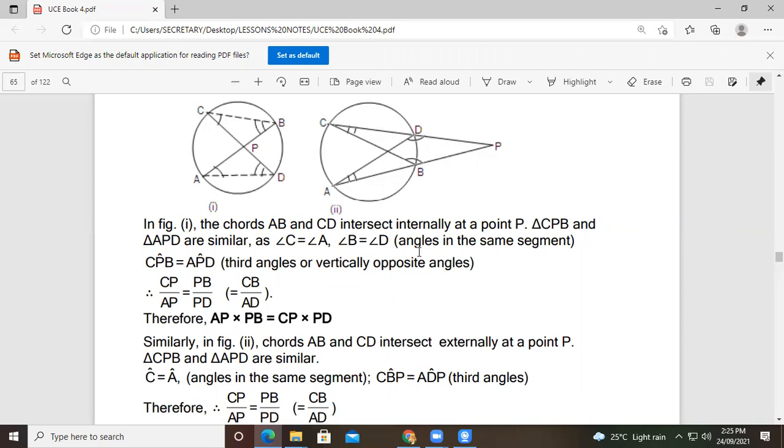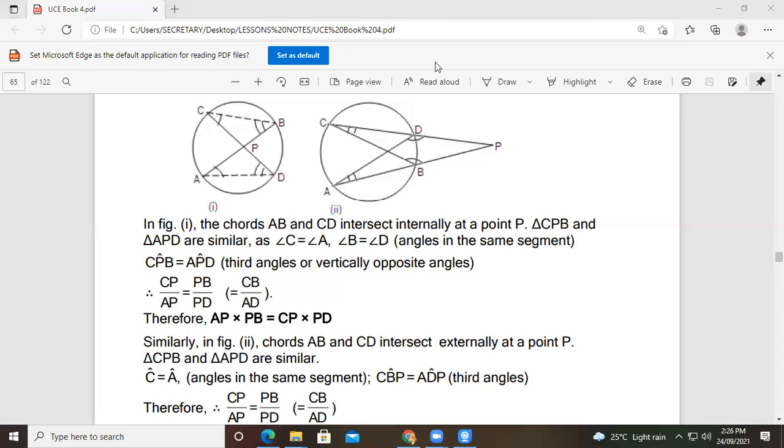And they are saying angles in the same segment. Angle C is equal to the angle A. What do they mean by that? They would have said that angles are similar because the triangles are similar, but this one also applies. It is also correct because the angles are in the same segment.